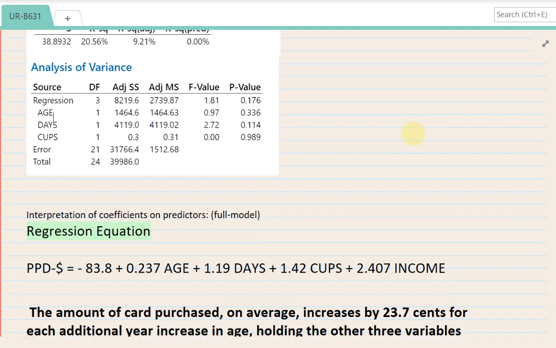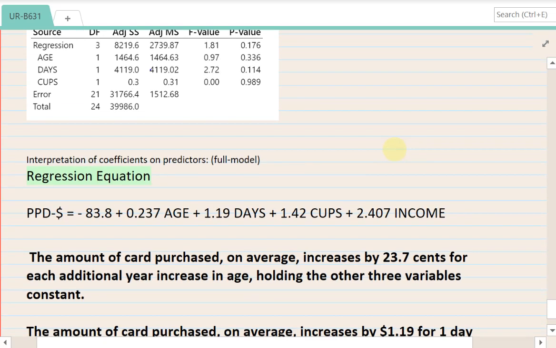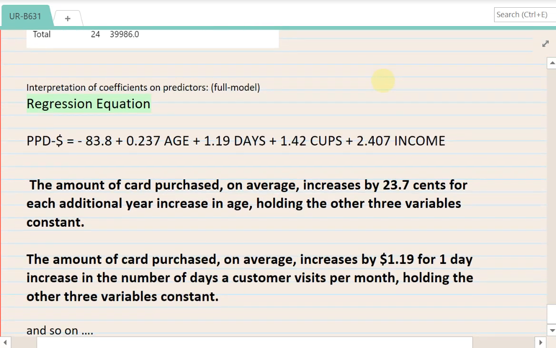And now, the next thing we want to do, so hopefully that clarified how we determine which variables in the regression model we're going to keep, which ones we're going to discard or throw away. Now, let's interpret the coefficients. Now, this is important for the regression output and in context of every application.